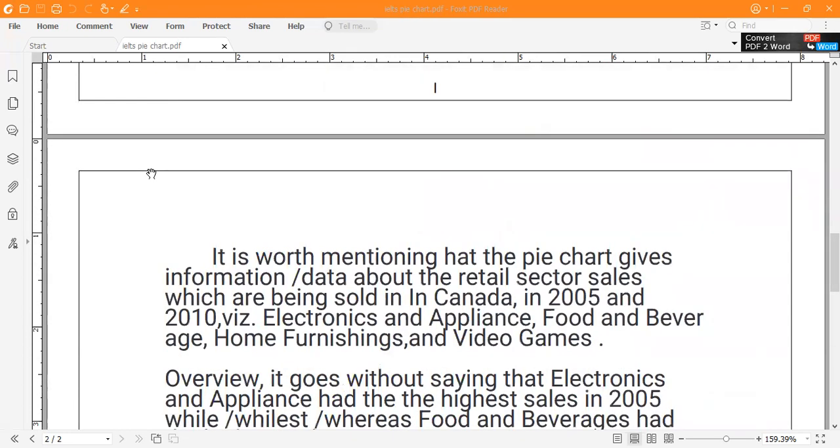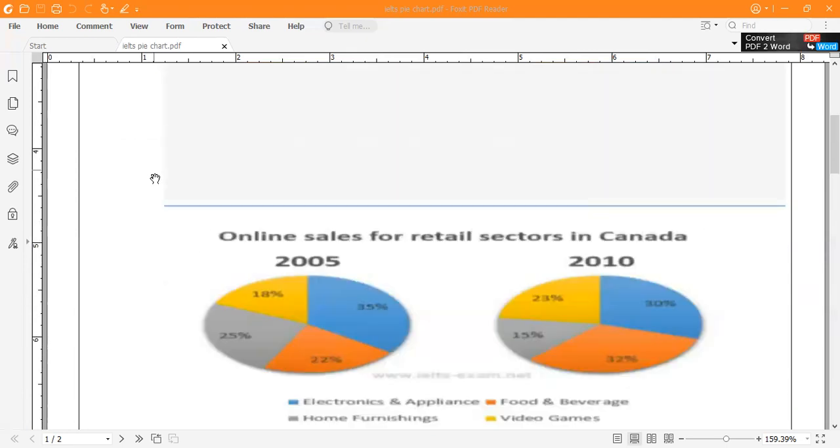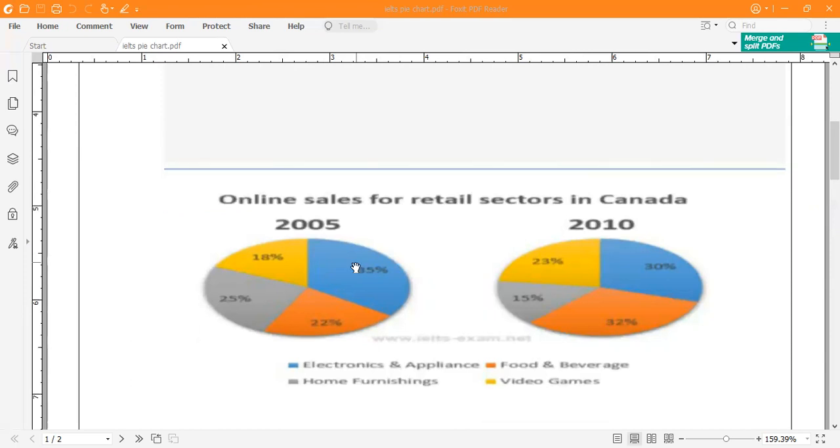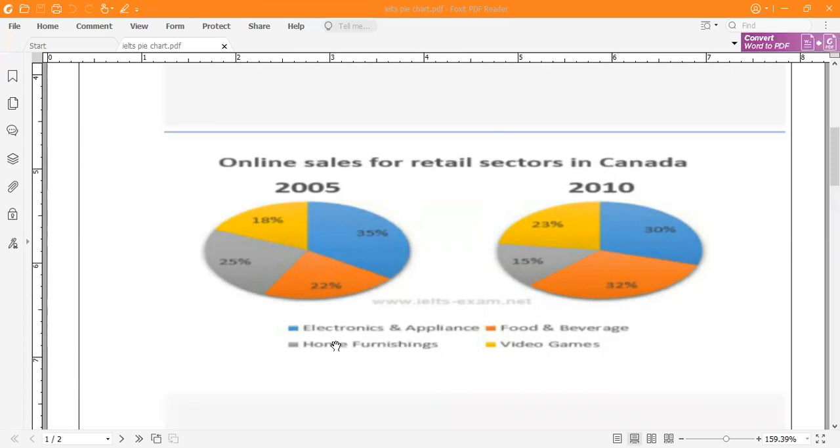So the question says here, the pie chart shows online sales for retail sectors in Canada. Okay. Online sales for retail sectors قطاعات التجزئة in Canada. متى؟ 2005 and 2010. Okay, إذا معنا 2005 and 2010. طيب شو هن retail sectors؟ اللون البلو, this is very important.